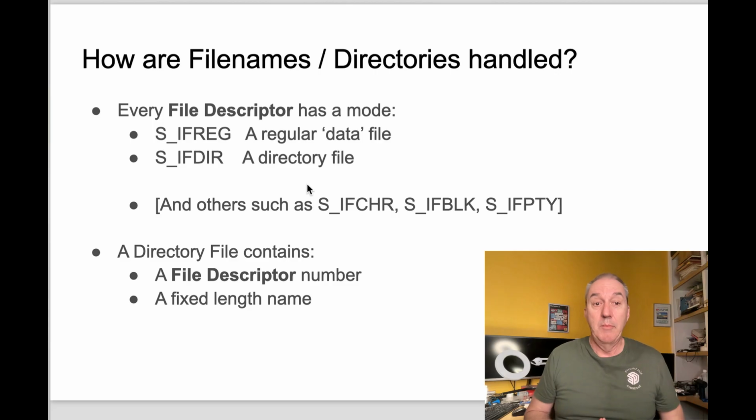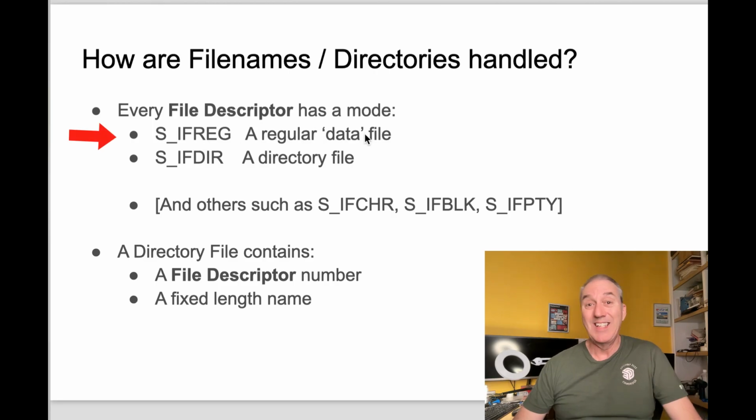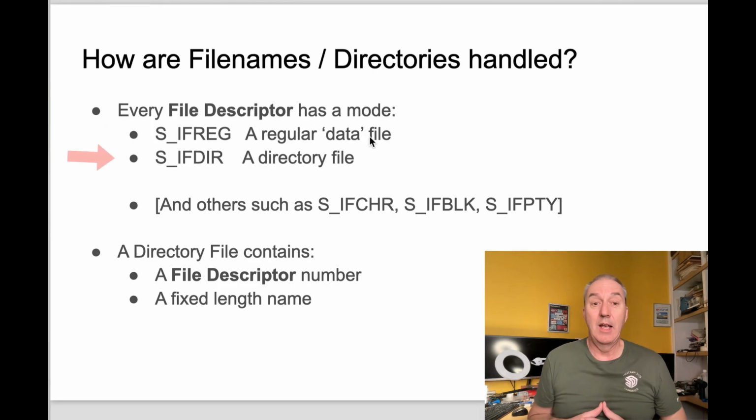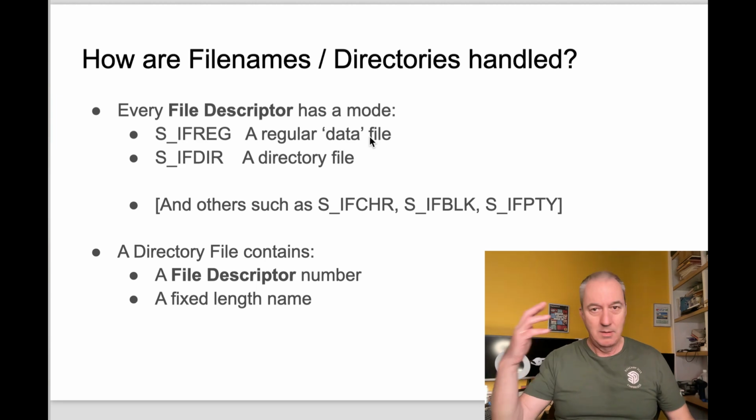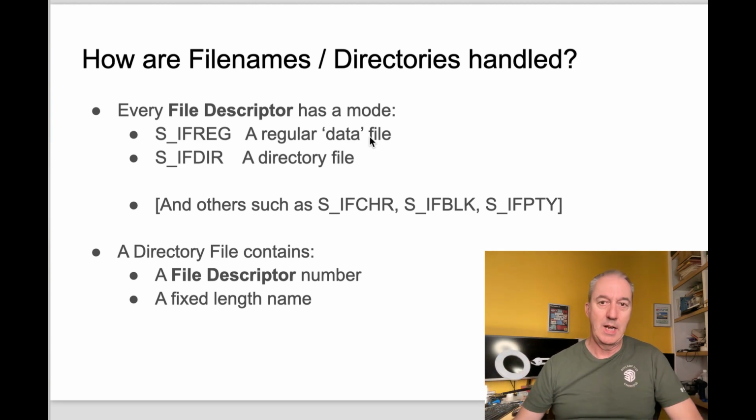In this particular system, and it's similar in more modern file systems, you can have file descriptors which are marked as, in this case, IFREG, which is a regular data file, with a bunch of data, or you can have them marked as a directory file. There are other modes as well, such as block devices, character devices, and pseudo terminals. Just setting those aside for now.